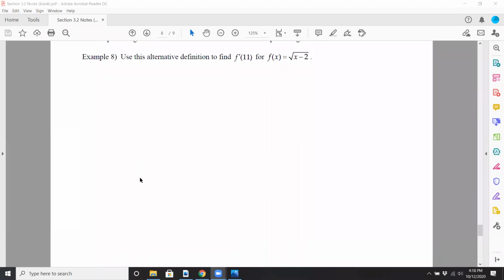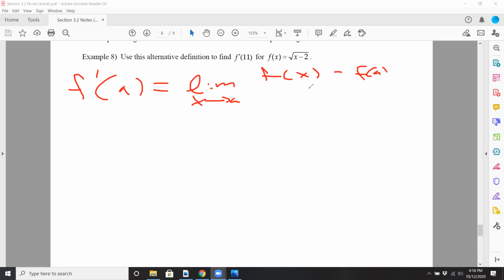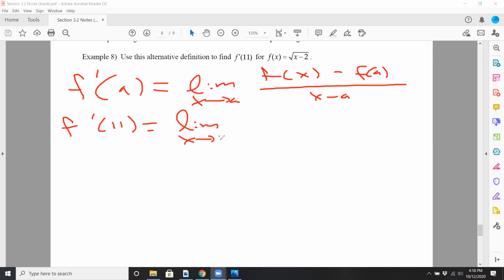Over here, you're asked to use the alternative definition to find f prime of 11 for f of x equals root x minus 2. So let's do it. f prime of a equals the limit as x approaches a of f of x minus f of a over x minus a. Or f prime of 11 will equal the limit as x approaches 11.